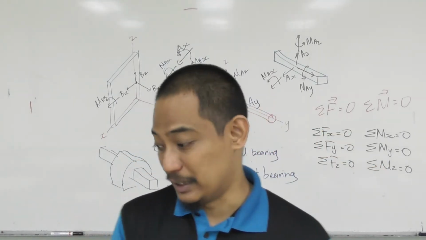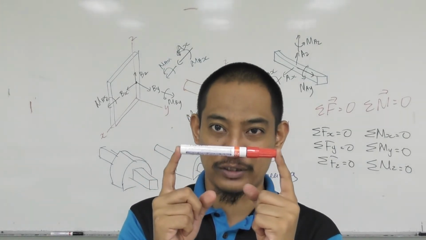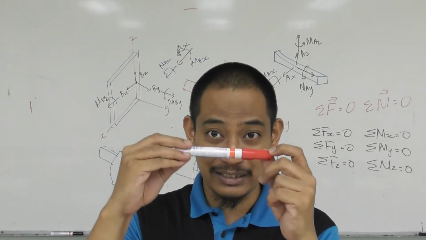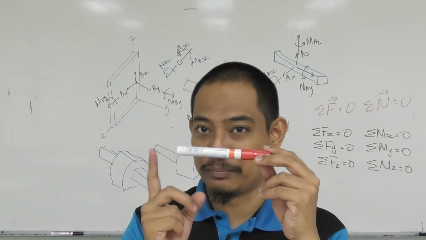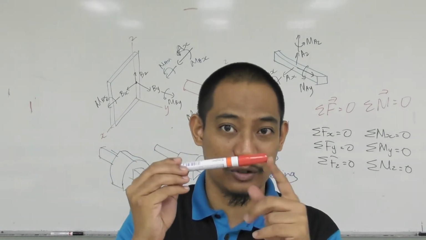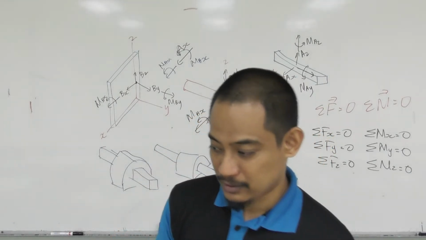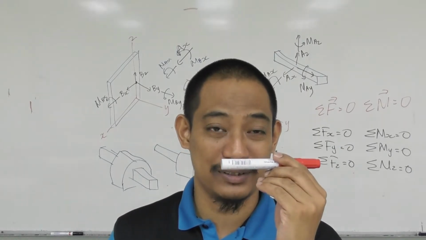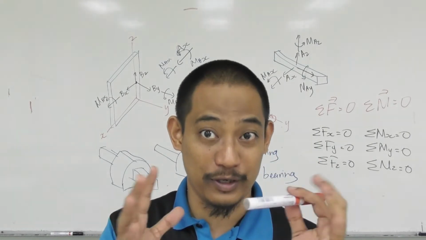However, this is an improper constraint, because why? Both ball and sockets prevent any movement, so you cannot move. However, can you rotate? It can actually, because this doesn't prevent any rotation, so it can rotate. Hence, it's not proper, because it will not be guaranteed to be static, because it can have rotation, for example, in this case.